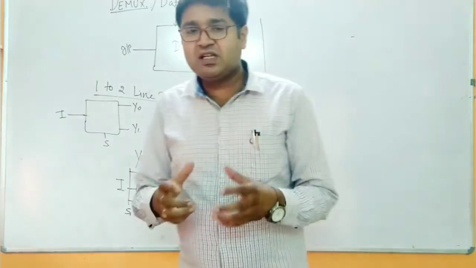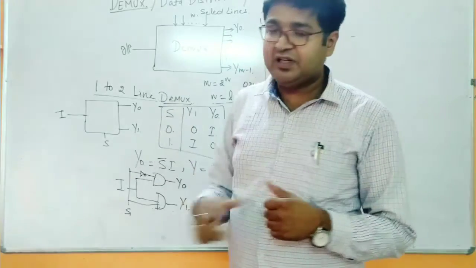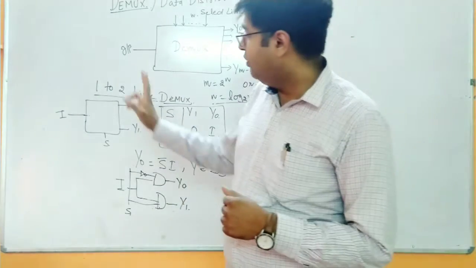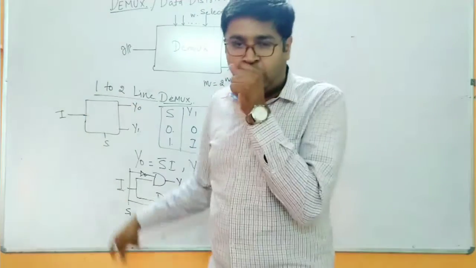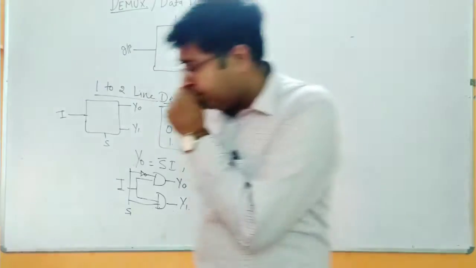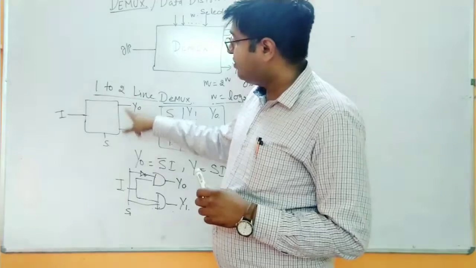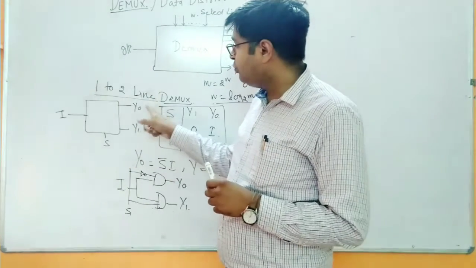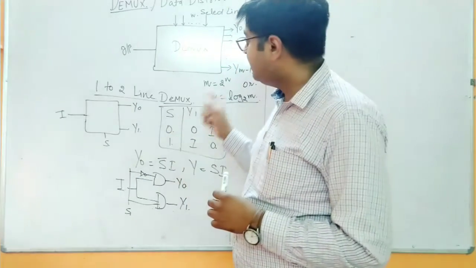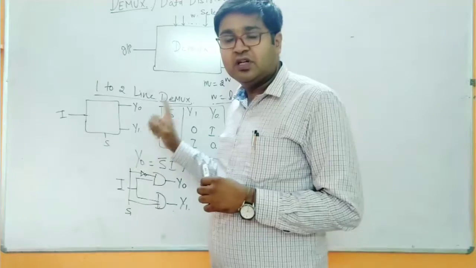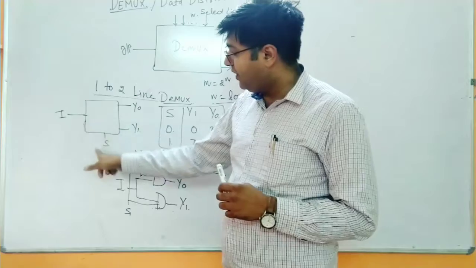Now the basic demultiplexer circuit is the 1 to 2 line demultiplexer. The 1 to 2 line means 1 is the input and 2 is the number of outputs available to us. The two outputs can be shown as y0 and y1. As we have understood, if two outputs are there, the number of select lines required will be 1.